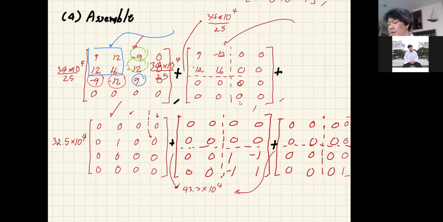For both of them. Okay. Now you assemble by adding them up, and you should see the nature of it. Actually, I didn't forget, I superimposed it on here. Anyway, you should see the nature that this is symmetric, that is symmetric. So in the end, your K should turn out to be symmetric.